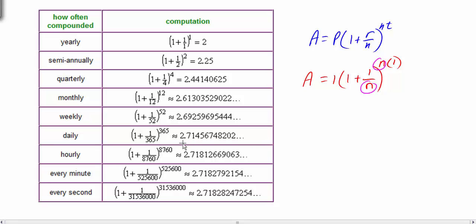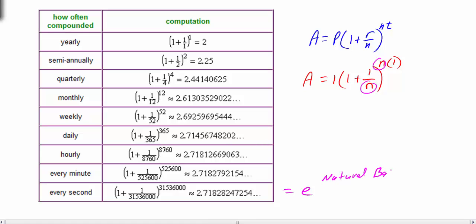And notice what's happening here from daily to hourly. We're getting 2.714, 2.718. And if we go to every minute, we get 2.7182. And then every second is 2.71828. And what number does this look like? This decimal seems to be approaching a number, and we talked about this, and this is approximately equal to our natural base e.